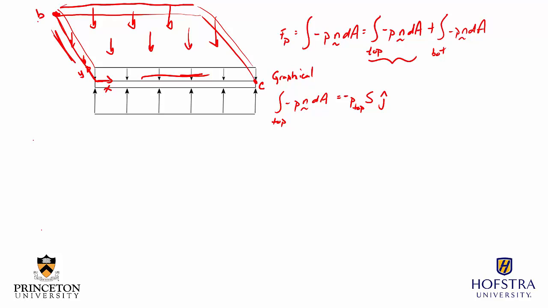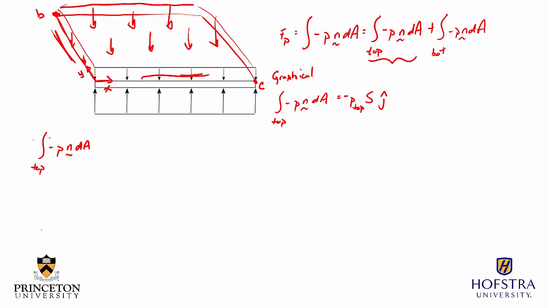Now if I wanted to do this integral with a more thorough mathematical approach, I again say the integral going over the top is minus p times the unit normal times dA.